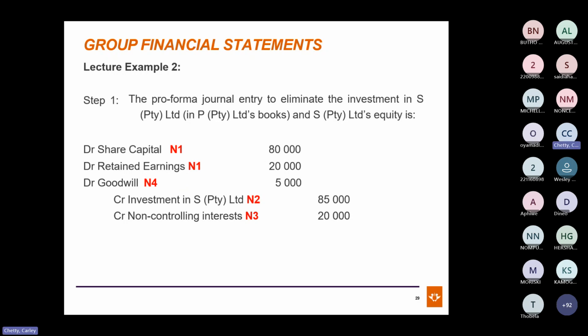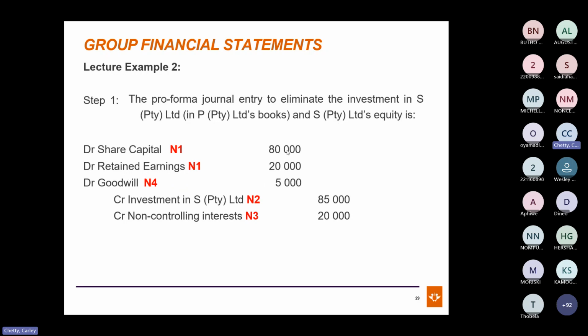And the goodwill that we calculated, no goodwill is attributable to the non-controlling interest here. So this goodwill, remember, arises on acquisition in the consolidated statement of financial position.